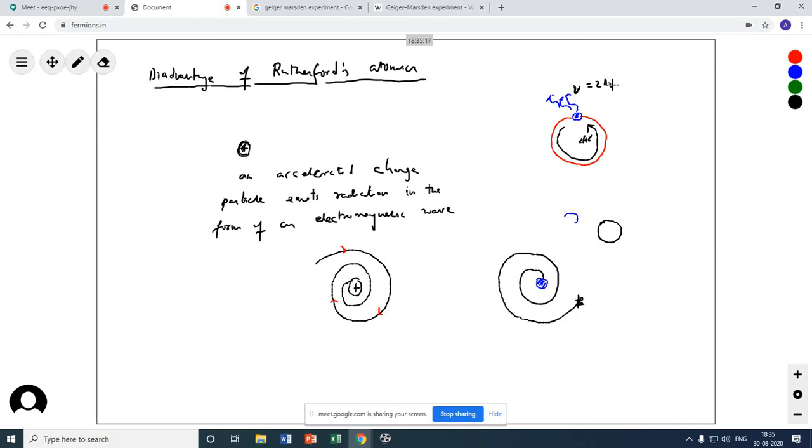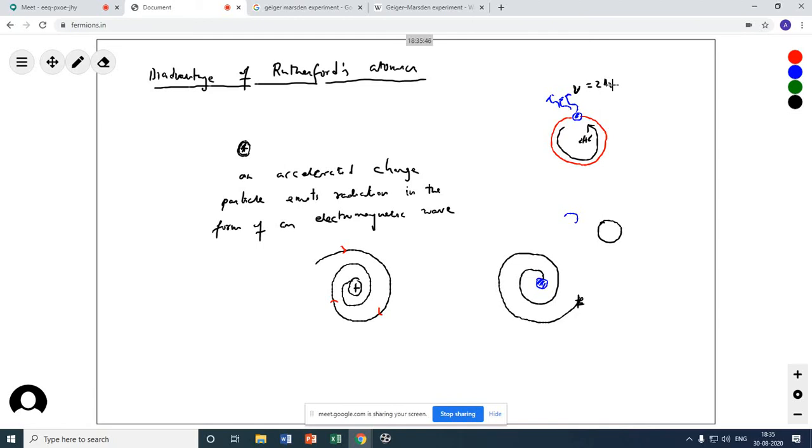But in reality, we do not see a continuous spectrum. We see only certain lines, either white lines on a dark background or dark lines on a white background. These are the 2 most important disadvantages of the Rutherford atomic model.